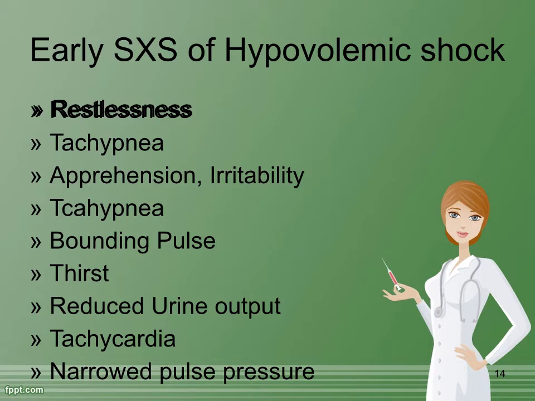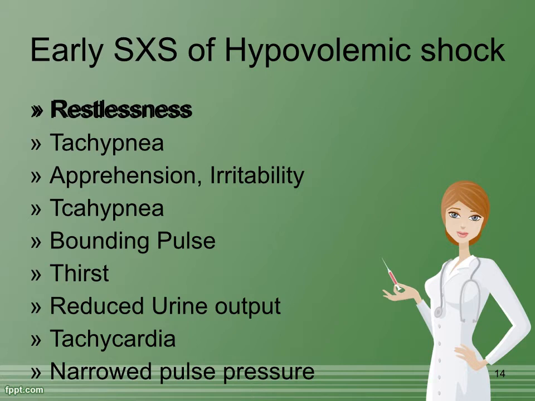So you will have reduced urine output. Now the kidney says, I want my share, so I'm not letting it go out. So it will keep whatever circulating blood volume is there. Tachycardia is another way of the body compensating to maintain circulation, and there will be a narrow pulse pressure.